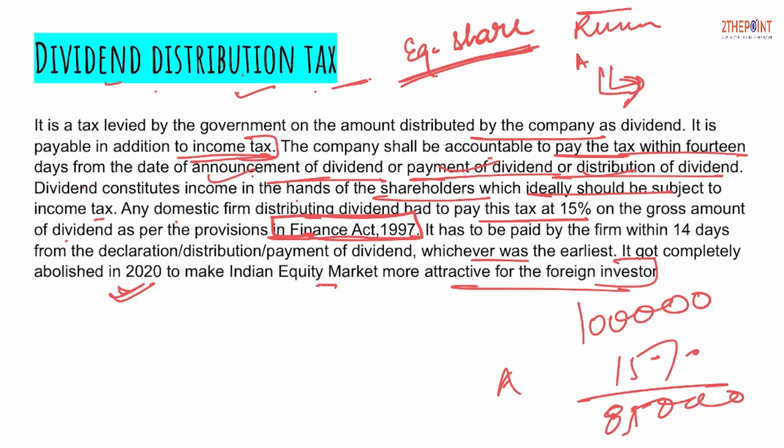So in order to make the equity market more attractive, the government has waived off and removed this tax, so that when the investor gets to know that they will get the whole gross amount without paying any tax, then definitely they will be attracted to invest more and more in the Indian companies or the Indian equity markets. This step was taken last year only, when the budget was laid down after the lockdown was over. So this is about the dividend distribution tax.